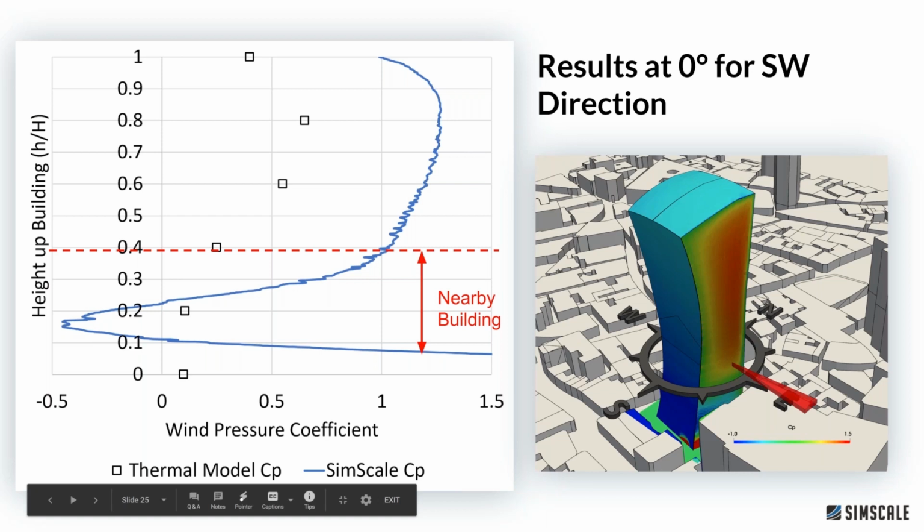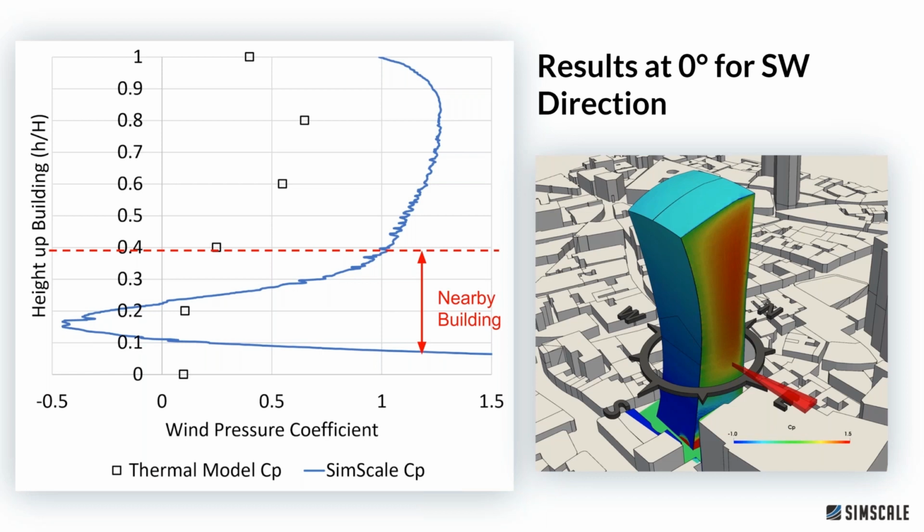So that is a wind pressure coefficient you will get from modeling this exact building with its height, its facade, its orientation, the angle of attack of the wind from the thermal models that you use normally in thermal simulation and compliance and for calculating energy, etc. Okay, the blue line is the wind pressure coefficient, the CP, that SimScale has calculated for the exact same building.